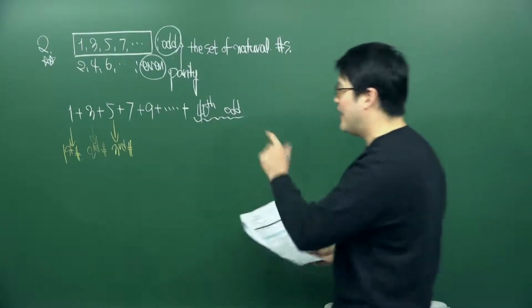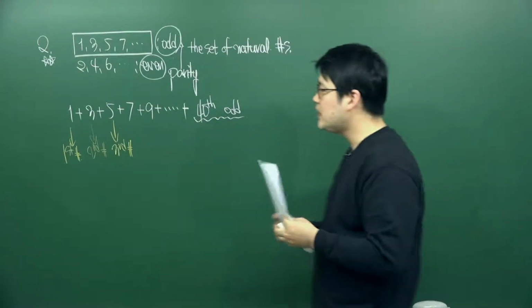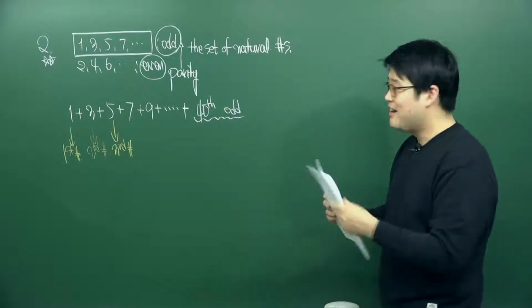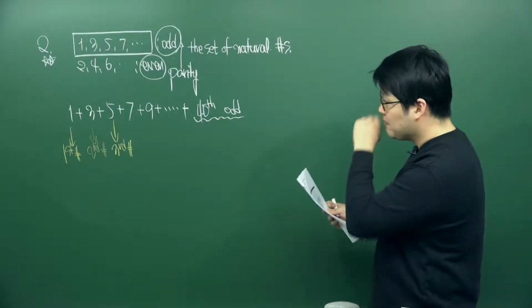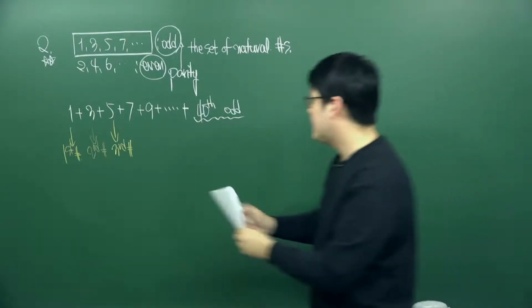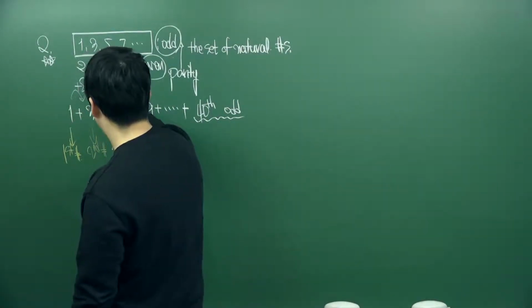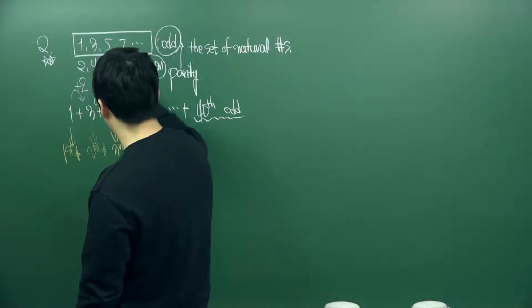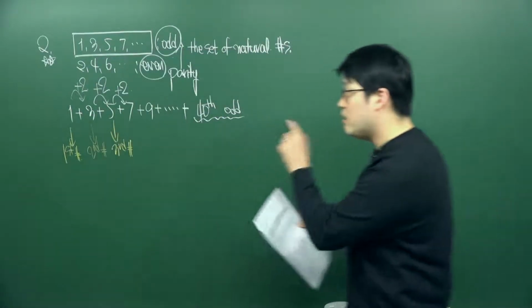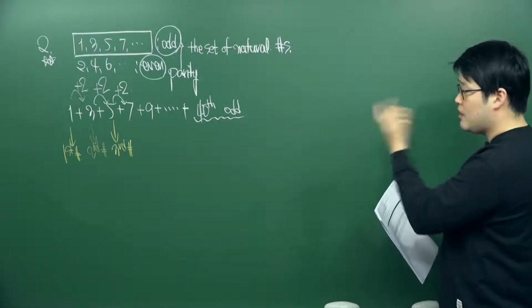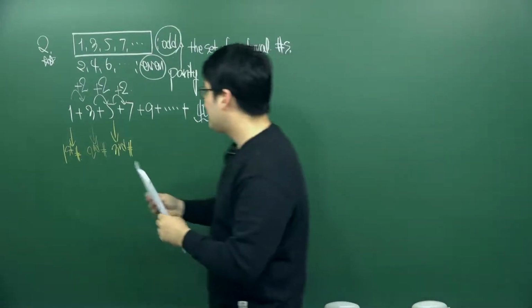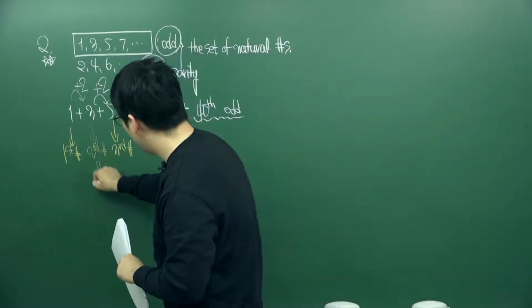So 1 and 2 are connected, okay? So how do we make this relationship? Can you notice that we're simply adding by 2? Can you also notice that this is going to be 1 plus 2?